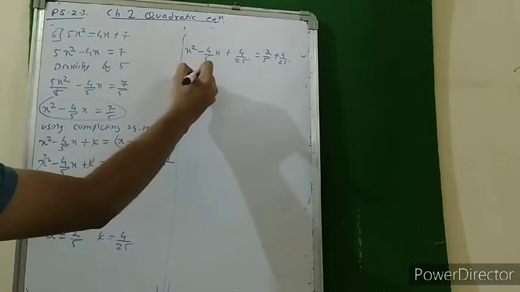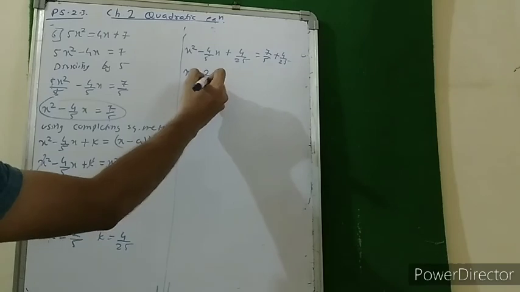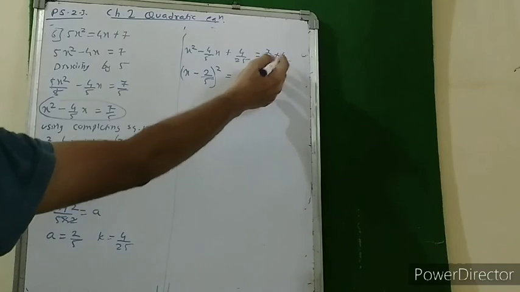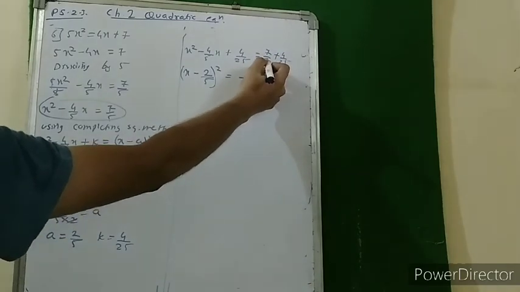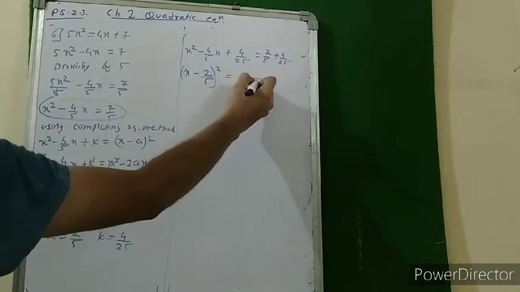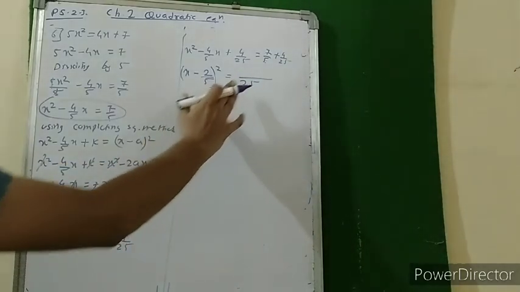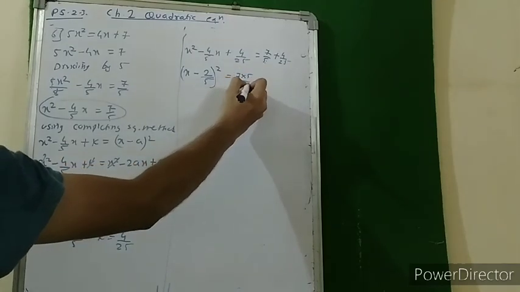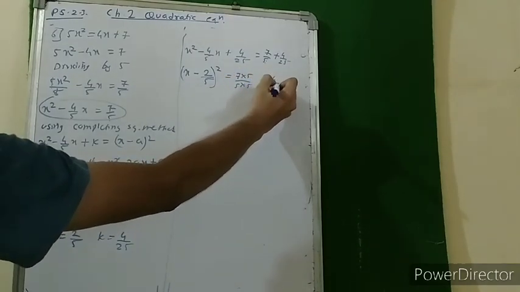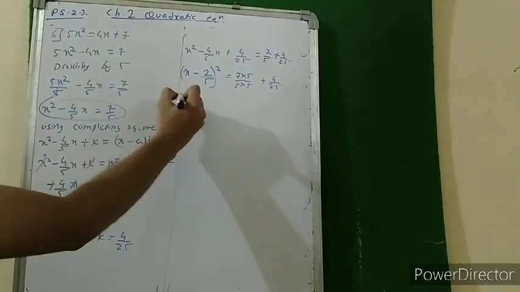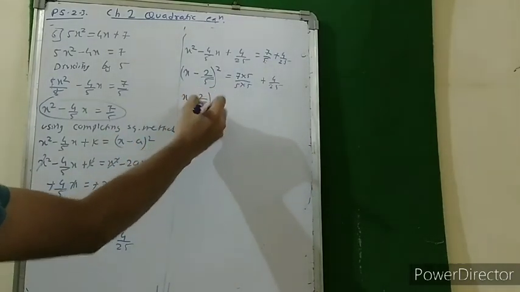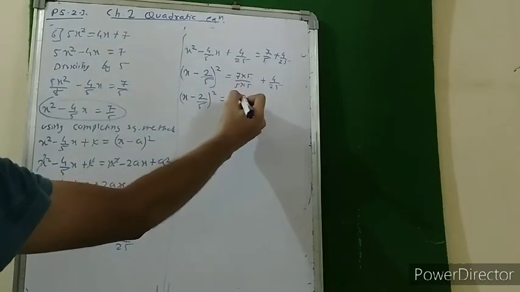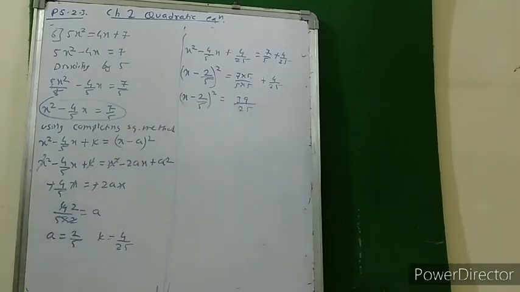So this will be x minus 2 upon 5, the whole square is equal to, to bring the denominator the same, I will multiply this by 5. So we will get common denominator 25. Okay, I will just write one step for better understanding. 7 multiplied by 5, 5 multiplied by 5, plus 4 upon 25. Okay, so x minus 2 upon 5 the whole square is equal to, we have the same denominator 25, 7 fives are 35 plus 4, we have 39.